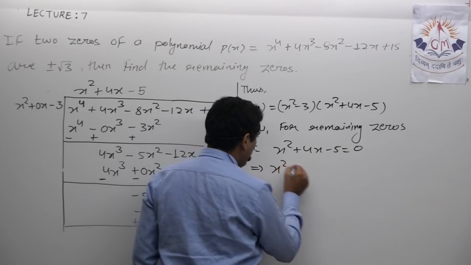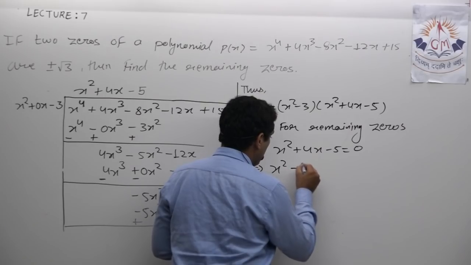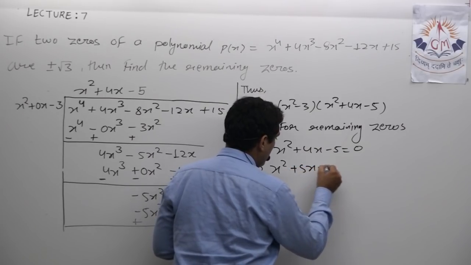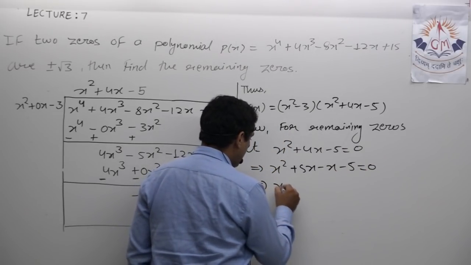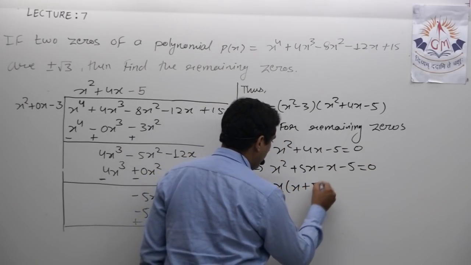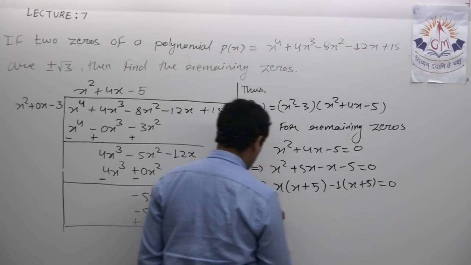Therefore I have to split the middle term. So plus 5x minus x minus 5 is equal to 0. x is taken common, x plus 5; minus 1 is taken common, x plus 5 is equal to 0.